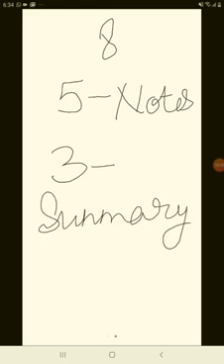Now, what is a summary? We will come to that shortly. I just want you to know that this is the marking scheme of the CBSE board exam. So, this is a question which can be very scoring.